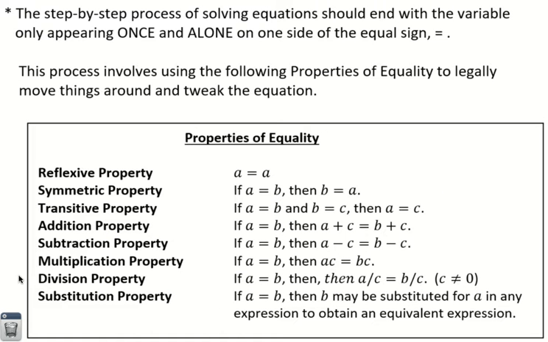Anyway, the step-by-step process of solving equations should end with the variable only appearing once and alone on one side of the equation, which means on one side of the equal sign. This process involves using the following properties of equality to legally move things around and alter the equation.